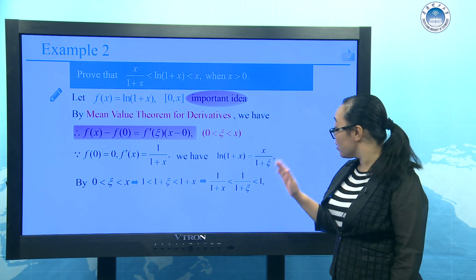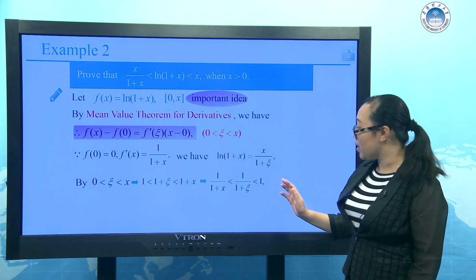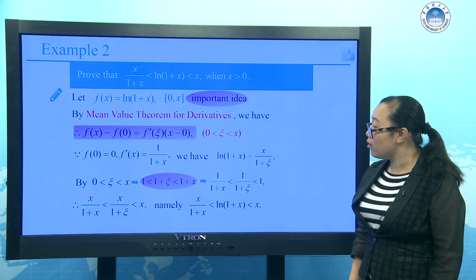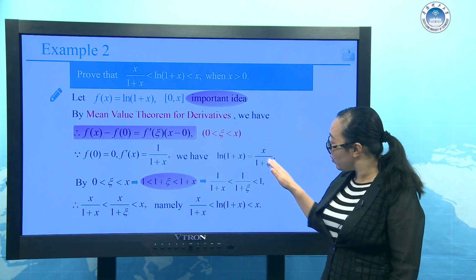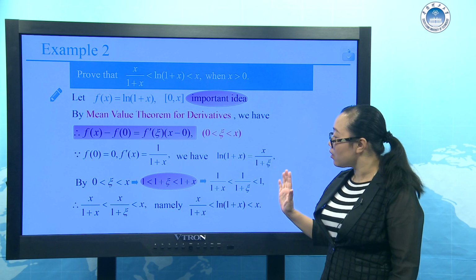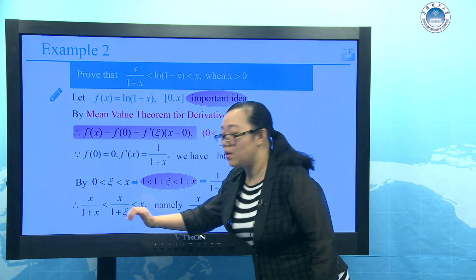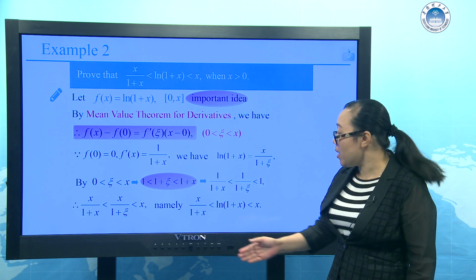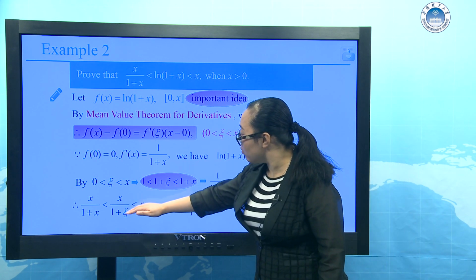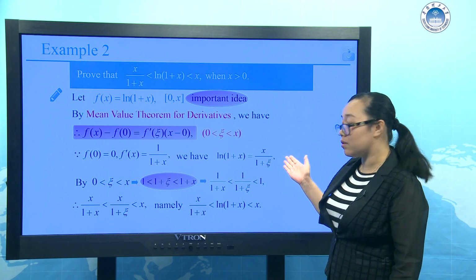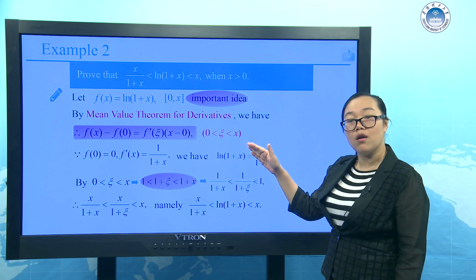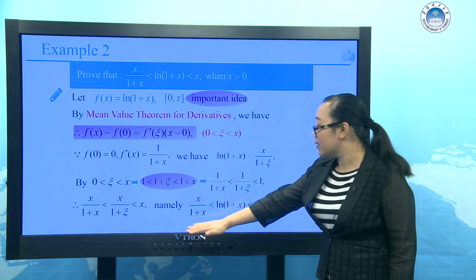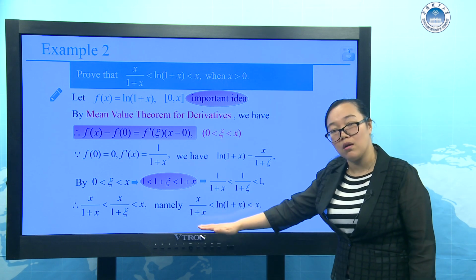Then pay attention to multiplying by x throughout. Together, they are equal. So we can get this expression, every term times x. Pay attention to the middle term: x over 1 plus c. This term is our ln(1 plus x). So together, we get this result.